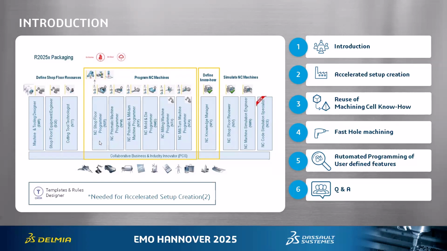The functionality for the NC shop floor programmer is a little bit out of that, but for the NC prismatic machine programmer, you have from left to right more functionality. For example, here you have all the multi-axis machining operations inside, and here then you have the multi-axis machining for turning and for milling. That would be the NTA license. Okay, understood.